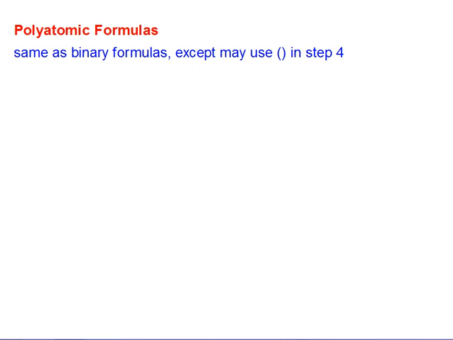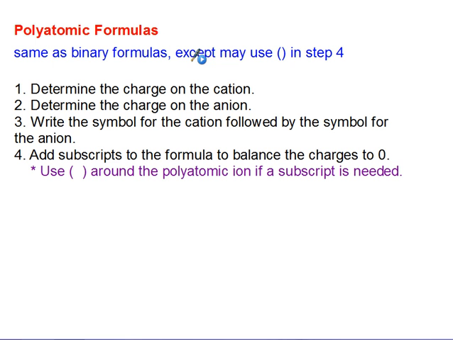When I have to figure out the formula, it's, again, very similar to binary formulas. I'm going to do the Ax plus By equals 0, the charge and the number, charge and the number.